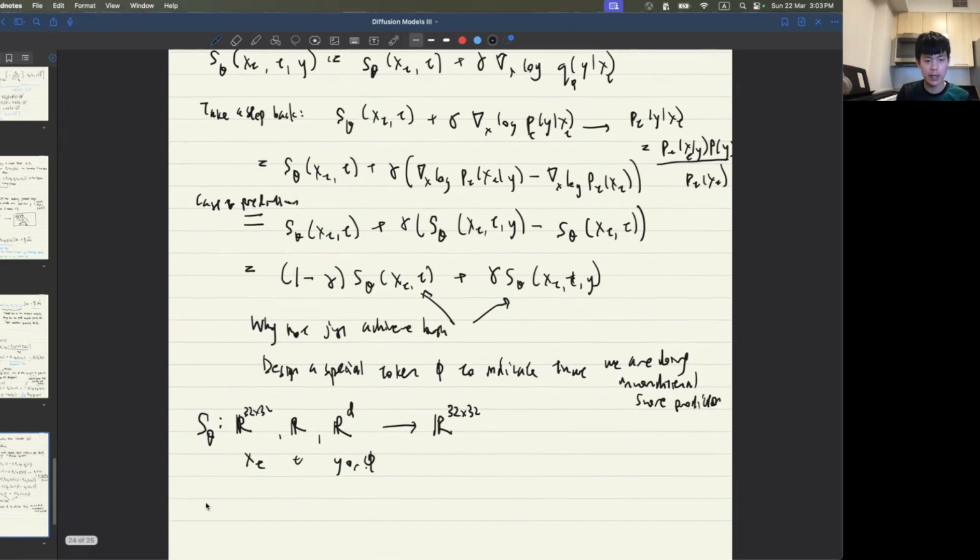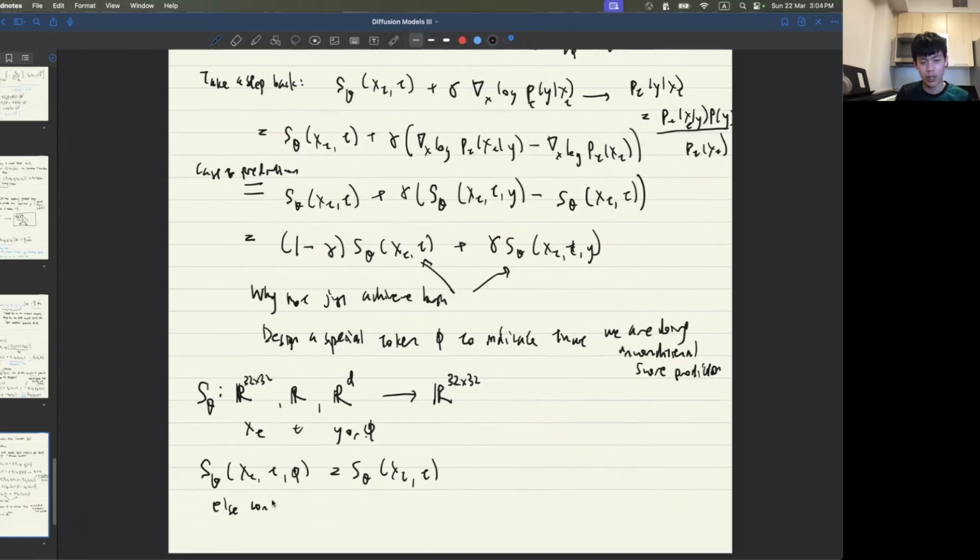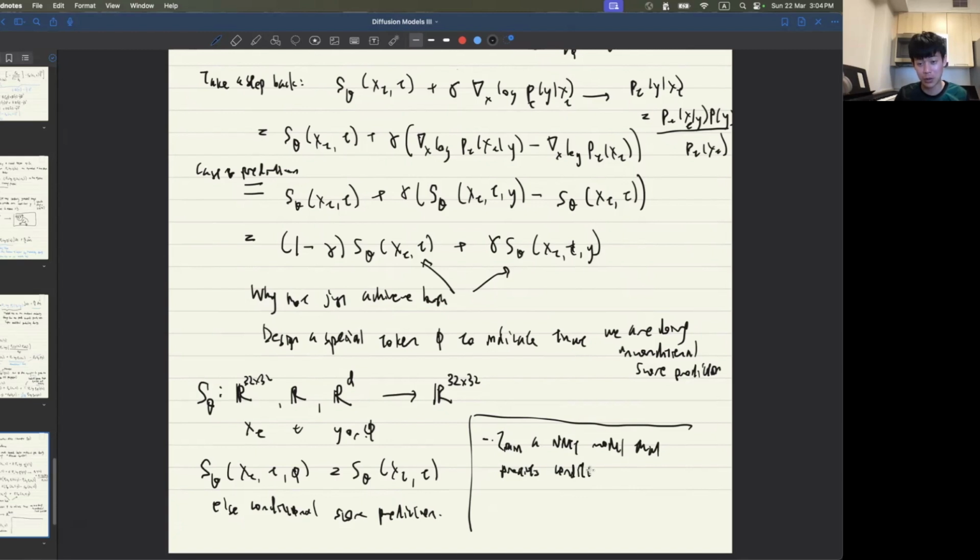And what this S theta does is, algorithmically, S theta(xt, t, phi) will just be the unconditional score prediction, S theta(xt, t). Otherwise, it will be the conditional score prediction. And we know how to do both. So the upshot over here is we train a neural network model that predicts conditional and unconditional score.